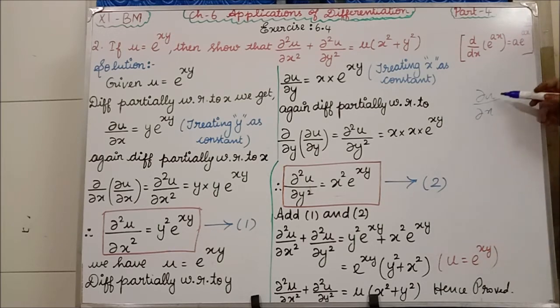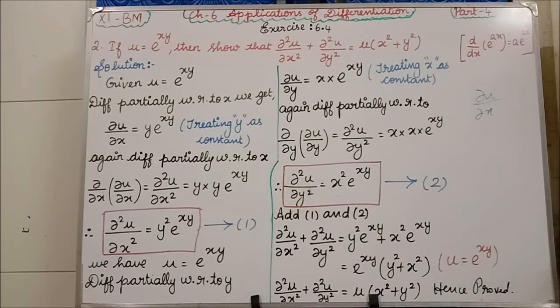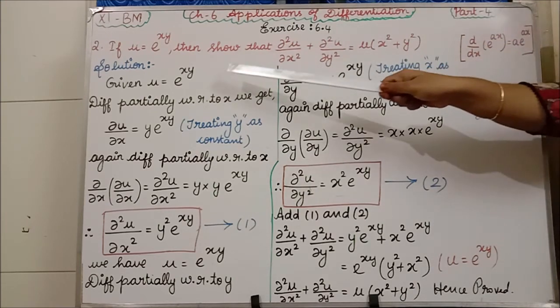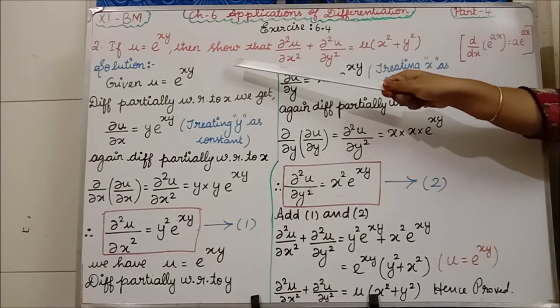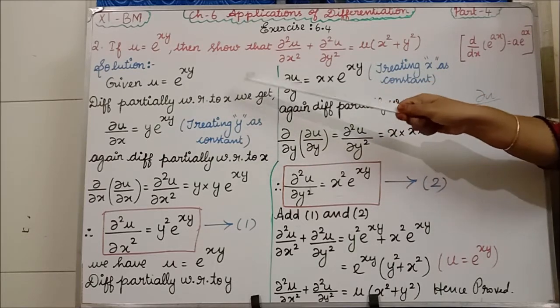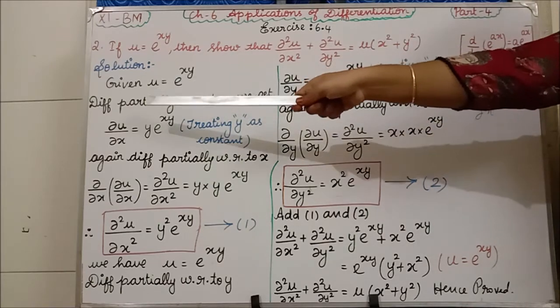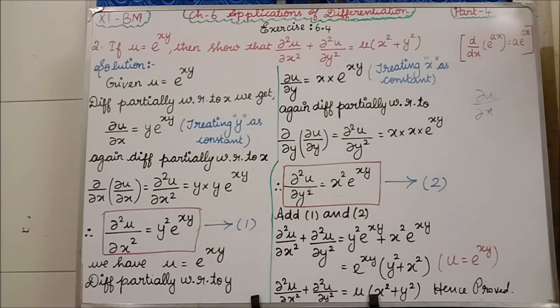Only then can we differentiate this again with respect to x, so that we will get the del square u by del x square value. Clear all of you? So this is our u equals e power xy. I am going to differentiate partially with respect to x, so I have written del u by del x.